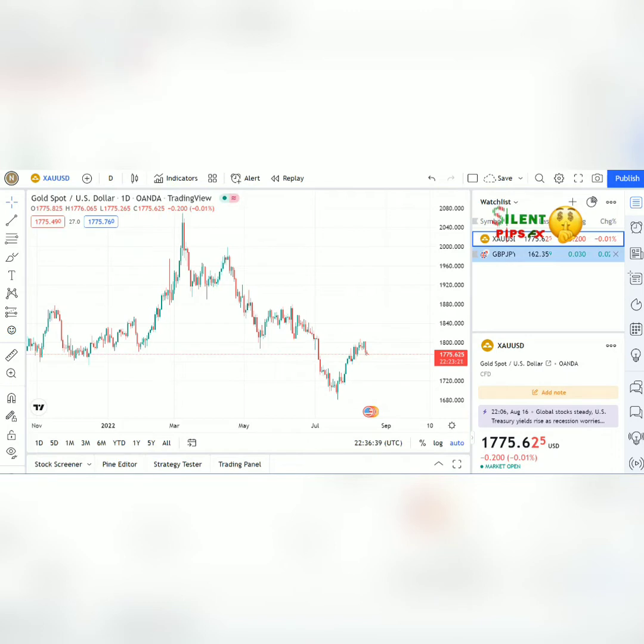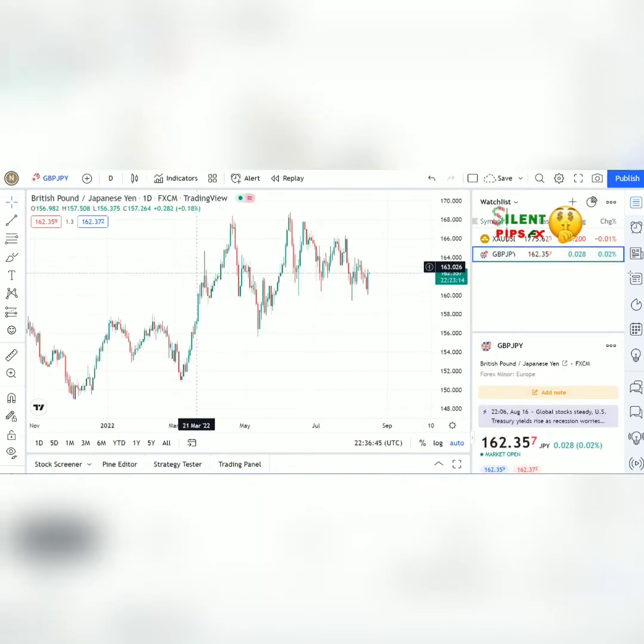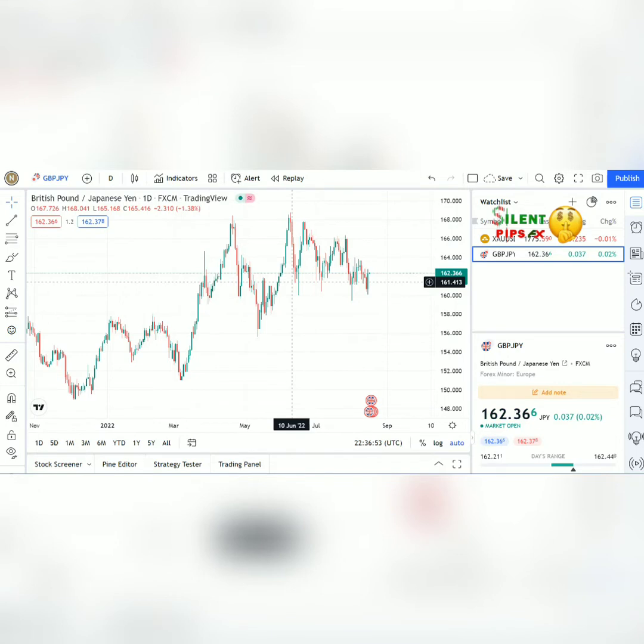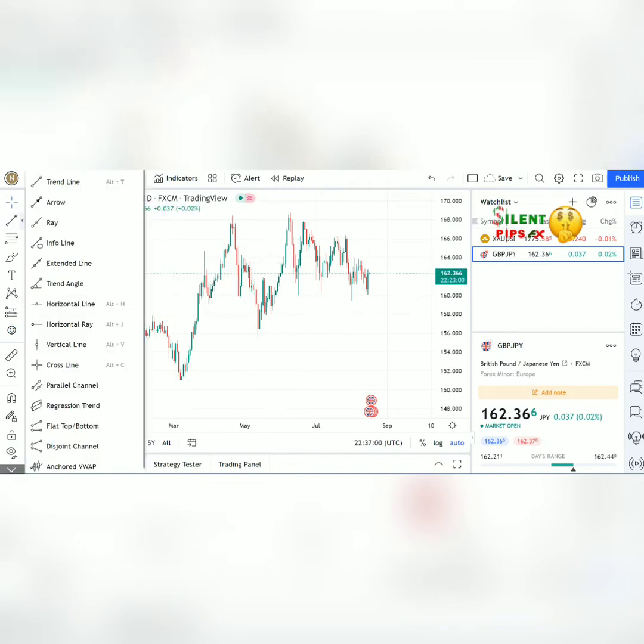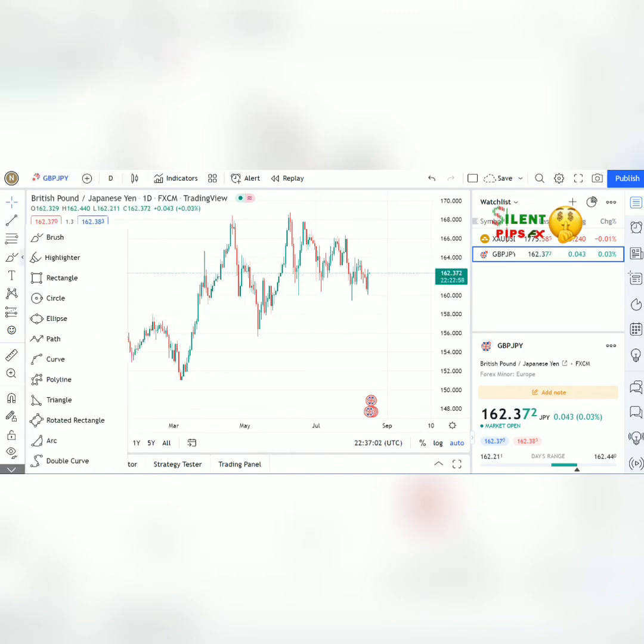So scalping, we must start with the low time frames. You must be scalping basically on low time frames, not on any high time frames. We'll go to the low time frames, and next we'll look at chart patterns. Before we go there, let's look at how the market moves.